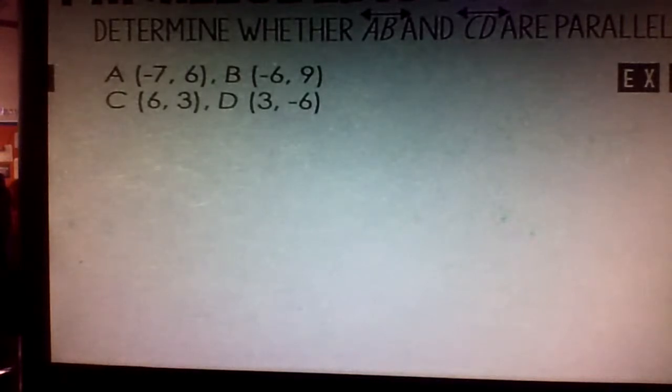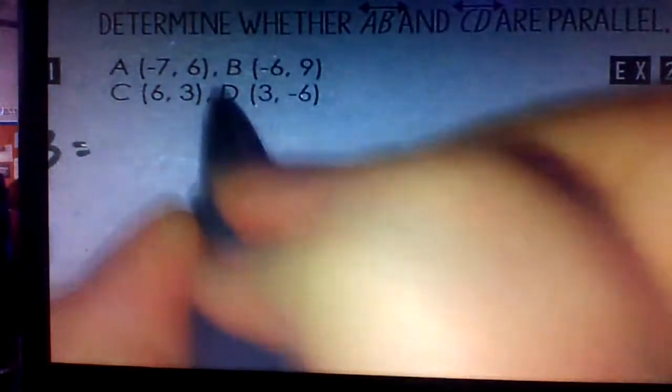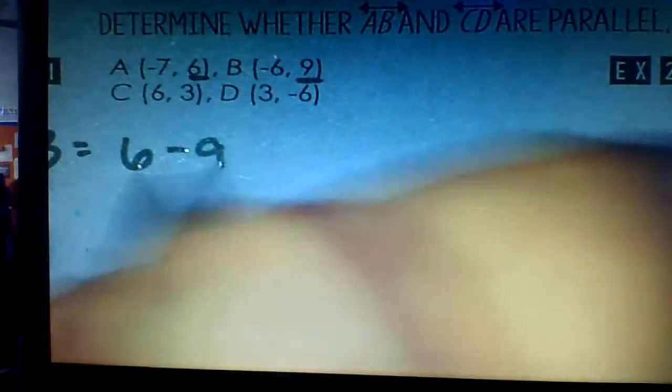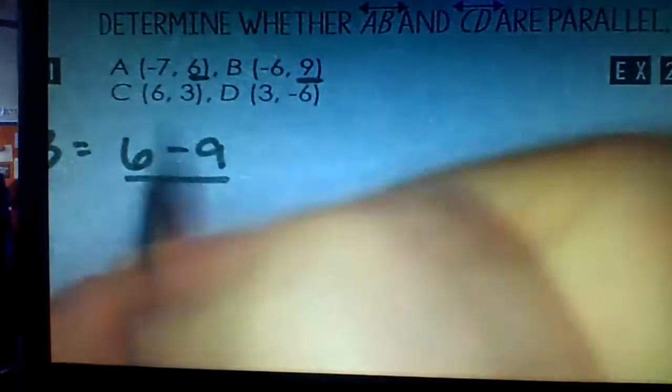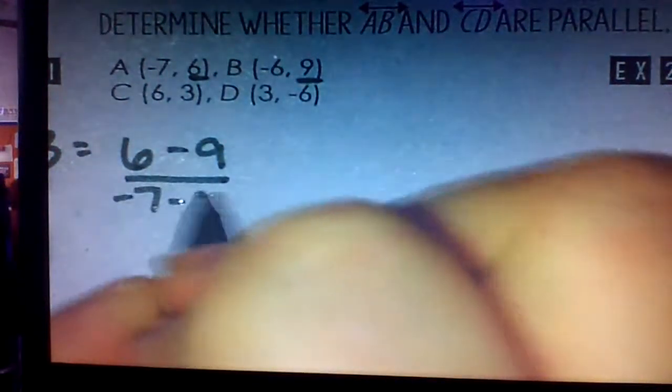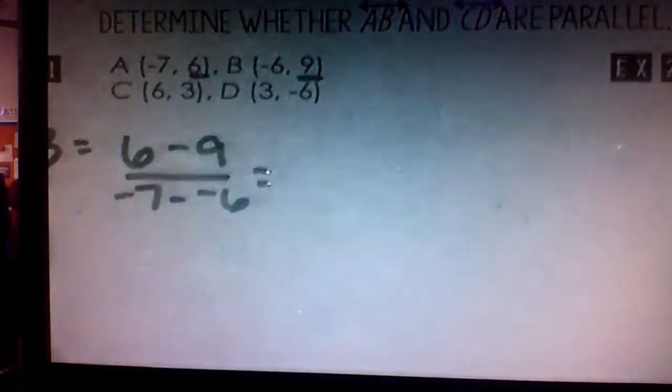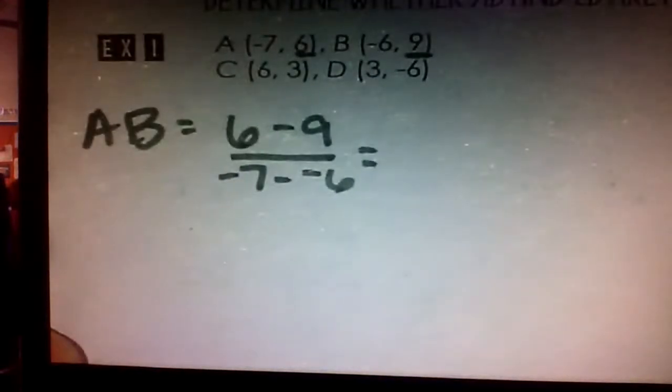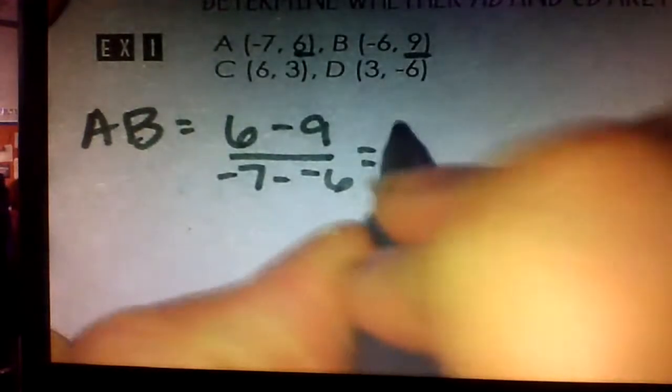So, AB first. We take our y's and subtract. We take our x's and subtract. So what's 6 minus 9? -3.